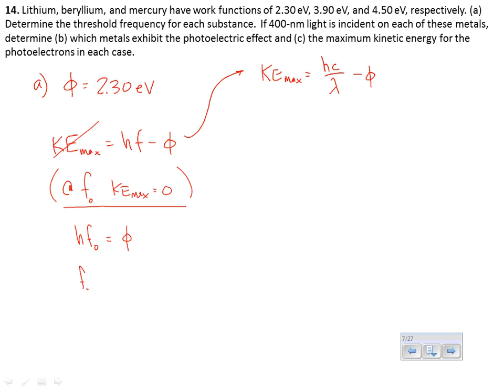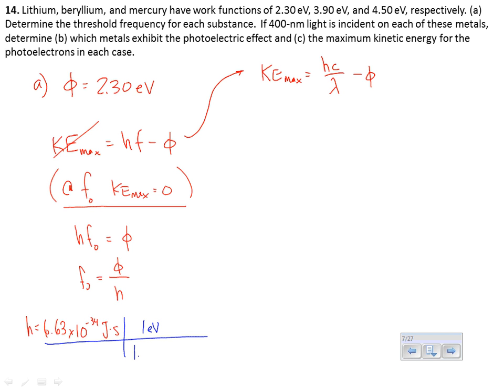So f naught is phi divided by h. Phi is in eV. We know that h is 6.63 times 10 to the negative 34th joule seconds, but I've started using the quantity in eV seconds.